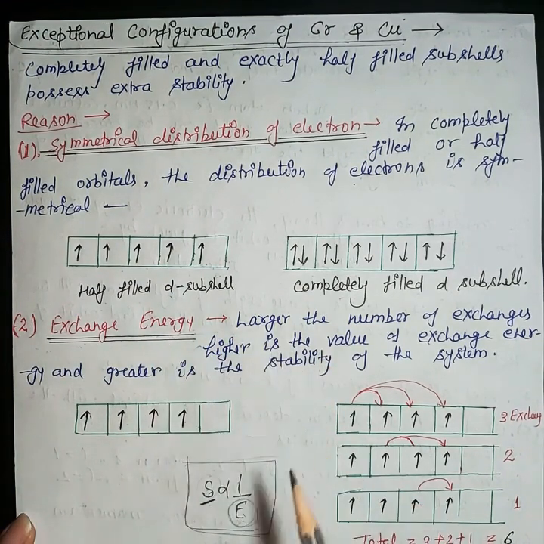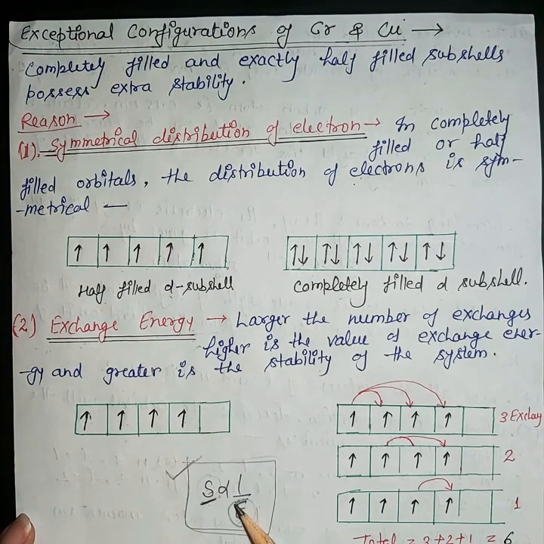If the number of exchanges is higher, then the energy released will obviously be more, and if the energy released is more, then stability will definitely be more. So the larger the number of exchanges, the greater the energy released, and it will enhance the stability of the orbital or system.